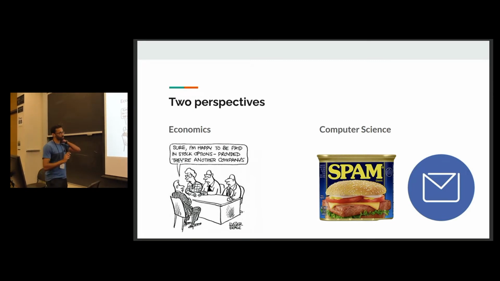Now, I'll contrast that with the perspective from computer science, which came about in the early 2000s, and was more motivated by problems of strategic classification, and spam detection was actually an early motivating example. You can think of this as somewhat of a contract design problem where you announce some classifier or spam filter, and people are going to respond strategically when you tell them what that spam filter is going to be.